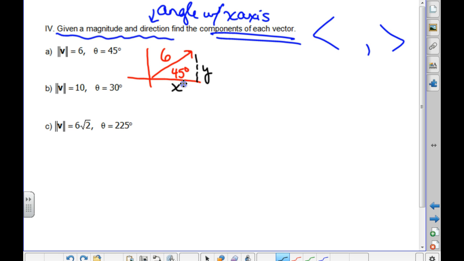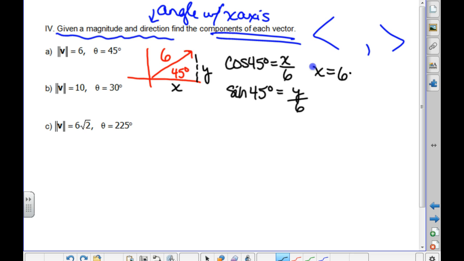To find the x component, that would be adjacent over hypotenuse. So the cosine of 45 is adjacent over hypotenuse, and the sine of 45 is opposite over hypotenuse. Are we awesome with that? You are awesome. So to find x, you're going to do 6 times the cosine of 45. And to find y, you're going to do 6 times the sine of 45.